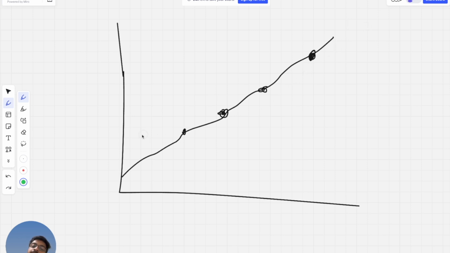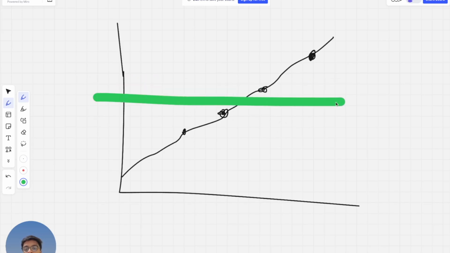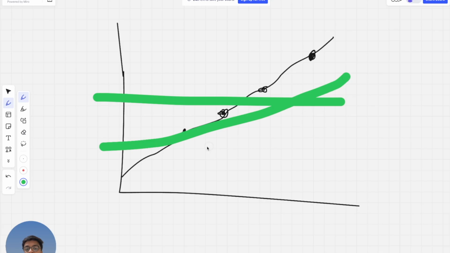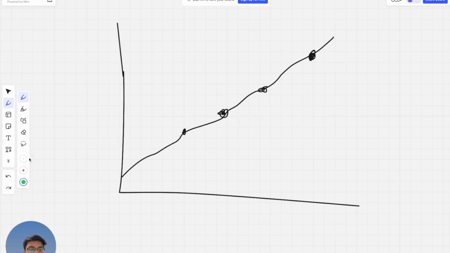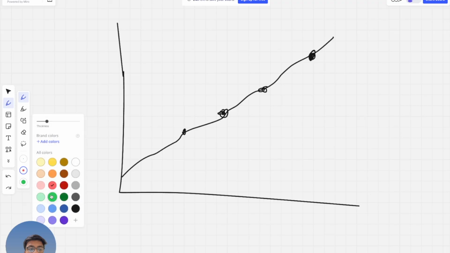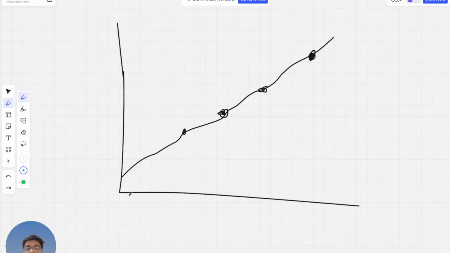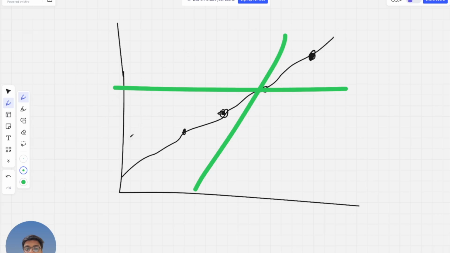If we plot a linear regression which is going like this, or like this, or if the line is passing like this, or like this also, then this is not considered zero error.